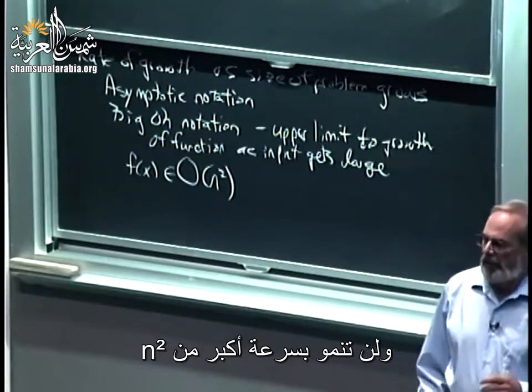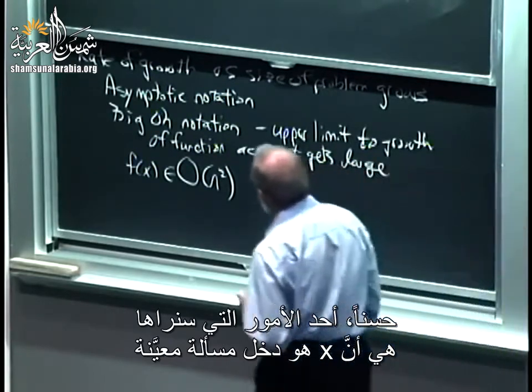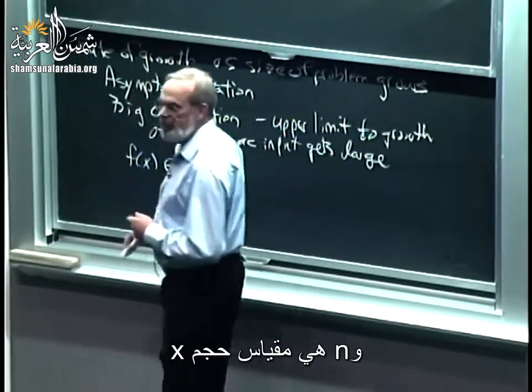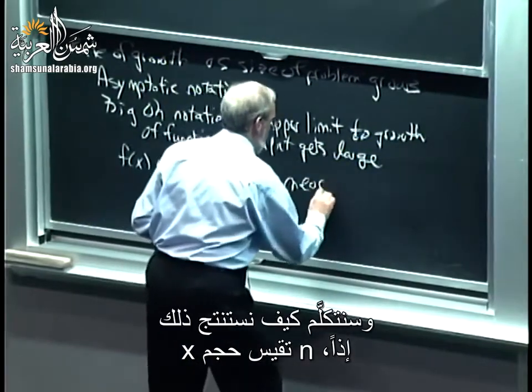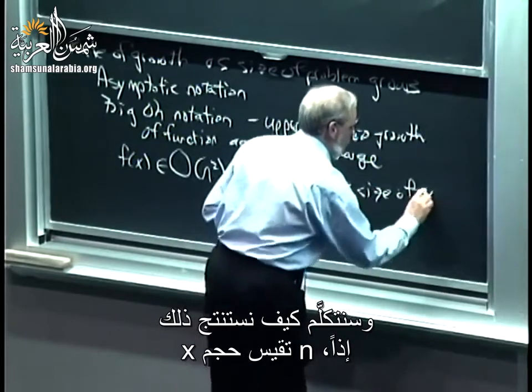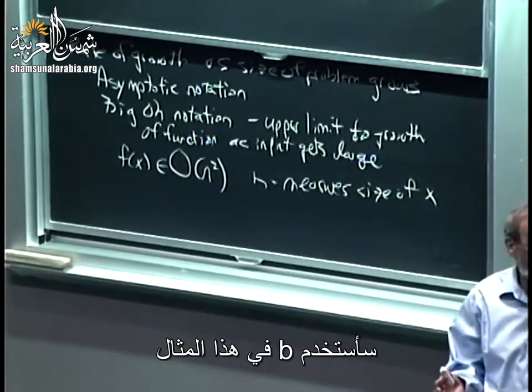Okay? Now, first of all, you're saying, wait a minute, x and n. Well, one of the things we're going to see is x is the input to this particular problem. N is a measure of the size of x. And we're going to talk about how we come up with that. N measures the size of x. Okay? In this example, I'd use b. Right?